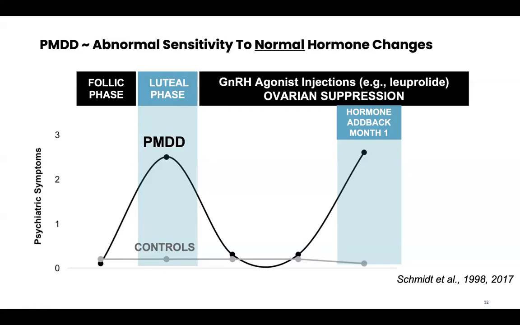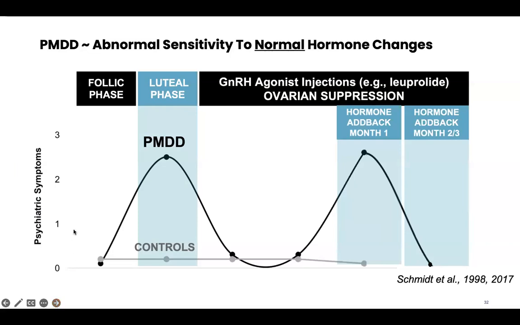So we know that it's this abnormal sensitivity to normal hormonal changes. Then we have this other study where they repeated the whole thing, and at the end, they left patients on the hormone add back for an additional 2 months. What they found was that after the first month of the symptoms returning, the symptoms went back down to baseline in the second and third months of add back, despite hormone levels being the same.